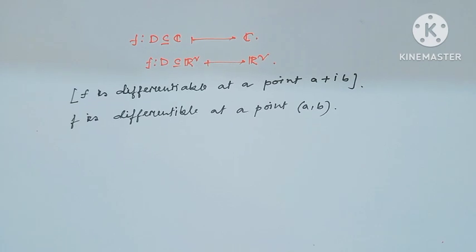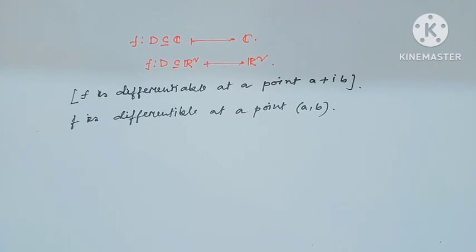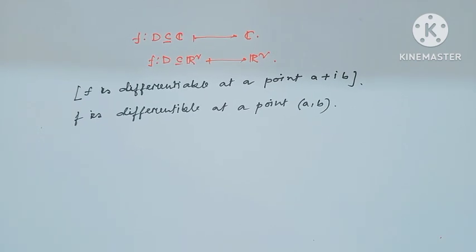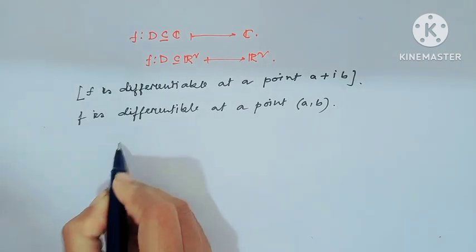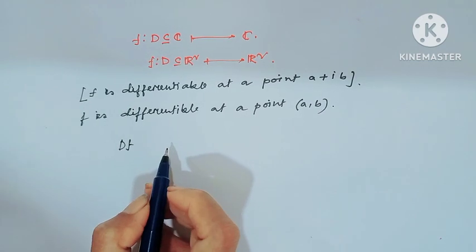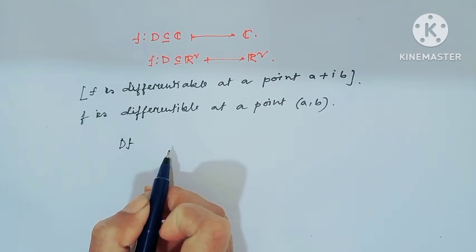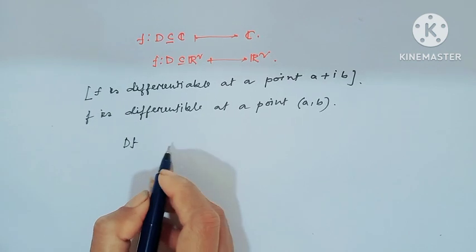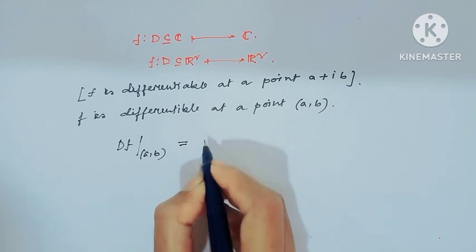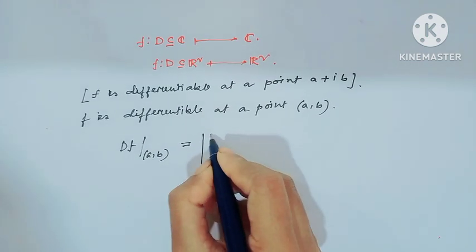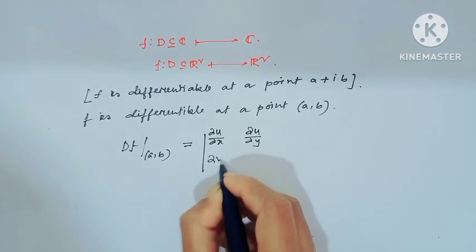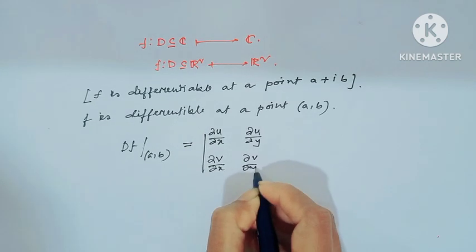Now I have seen f is differentiable at a point a + ib, which means f is differentiable at the point (a, b), and df is the linear approximation of the function near the point a + ib. df at the point (a, b), the derivative of this function, would be the matrix del u del x, del u del y, del v del x, del v del y.